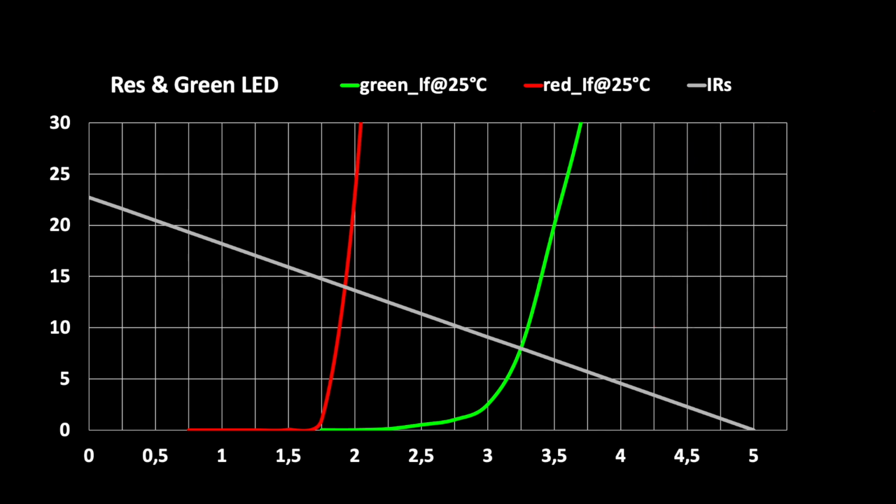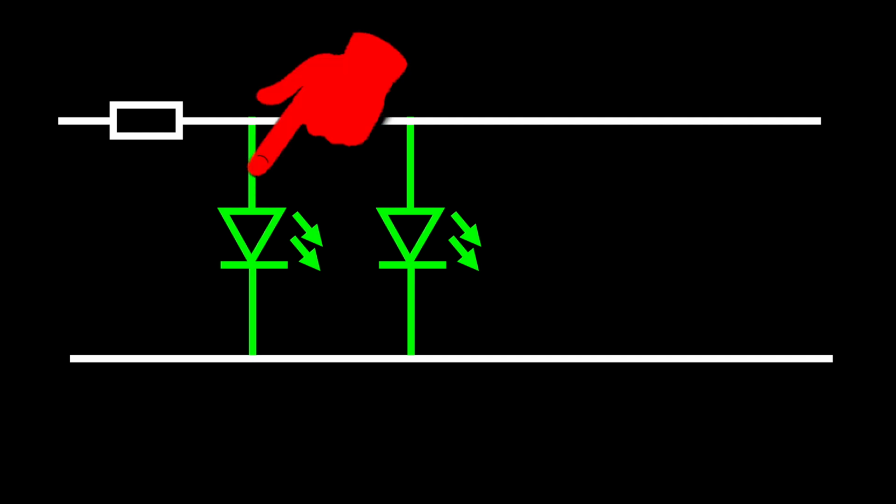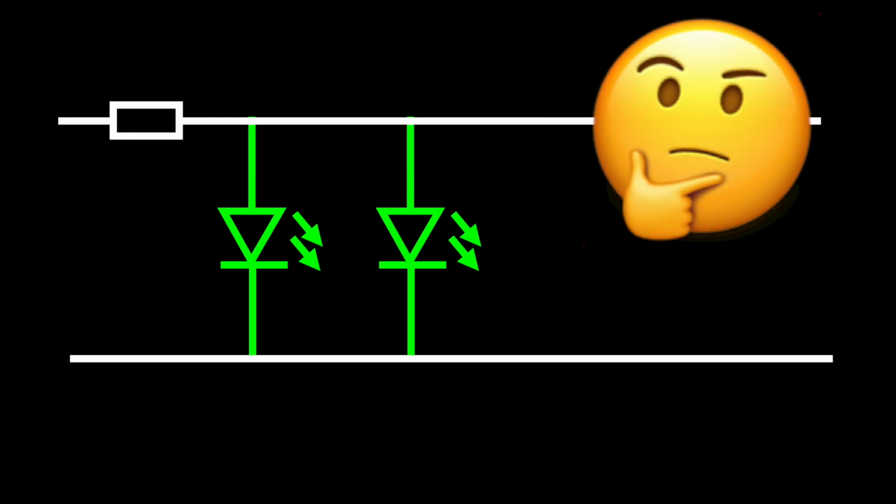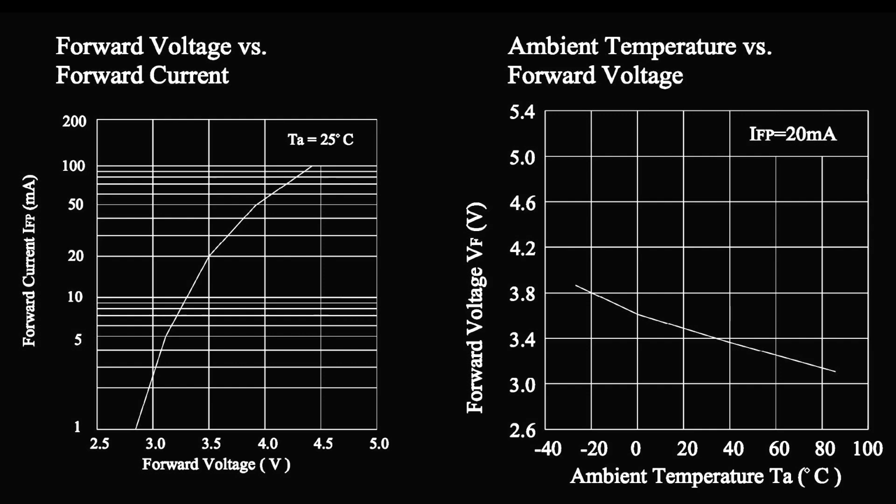Okay, but could you operate LEDs with the same color in parallel? Given that the two LEDs had identical characteristics, 50% current would actually flow through each. Unfortunately, the characteristics are not exactly the same due to manufacturing tolerances and temperature differences.